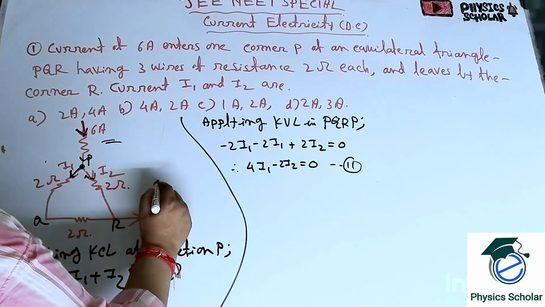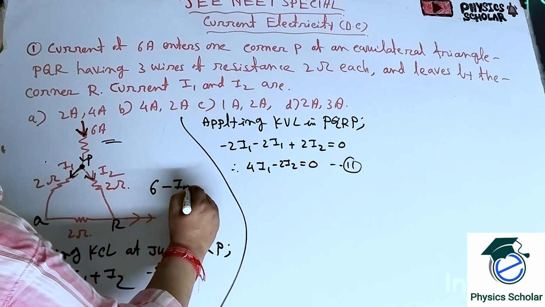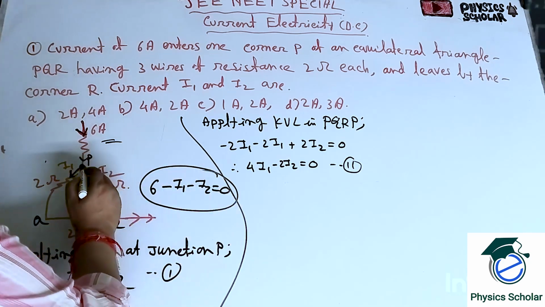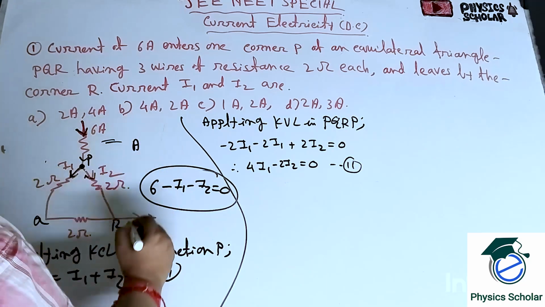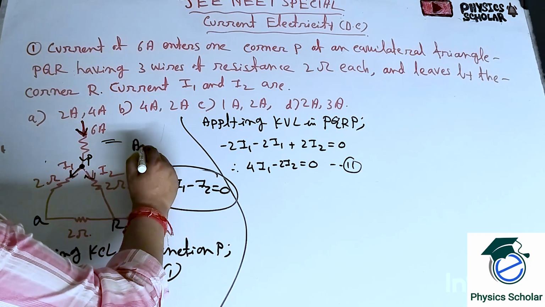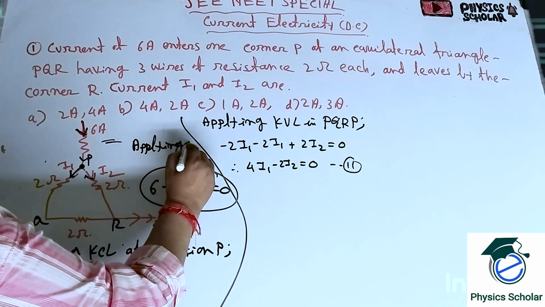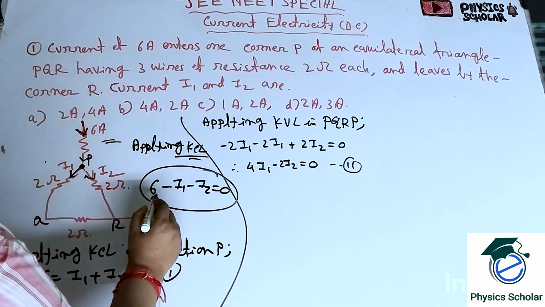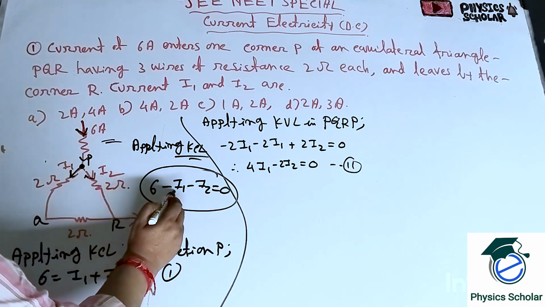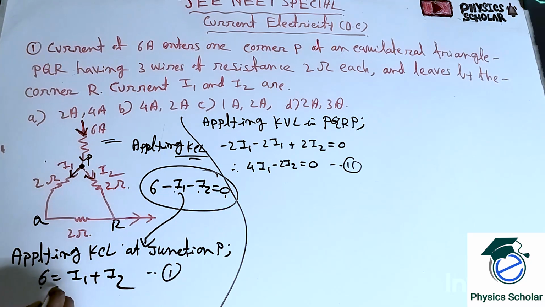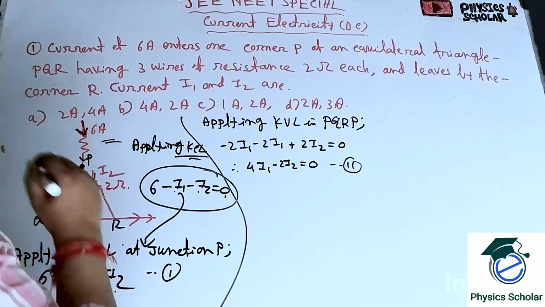Applying KCL at junction P: 6 minus I1 minus I2 is equal to 0. So 6 is equal to I1 plus I2, that is, I1 plus I2 is equal to 6.